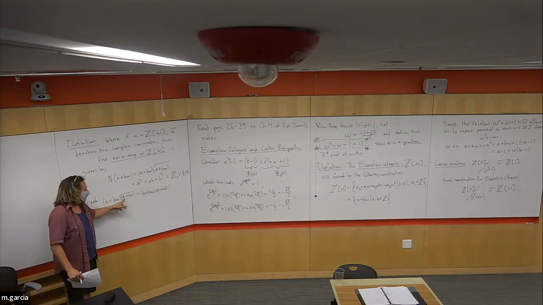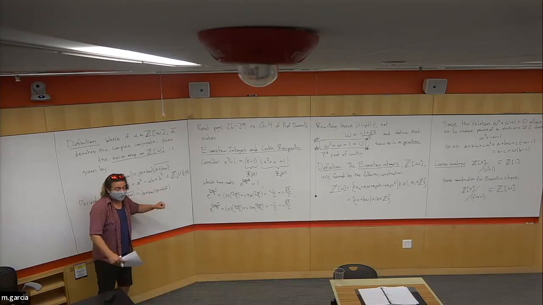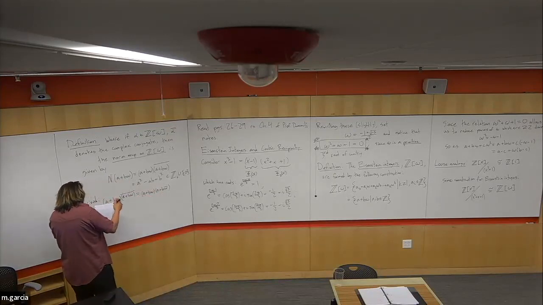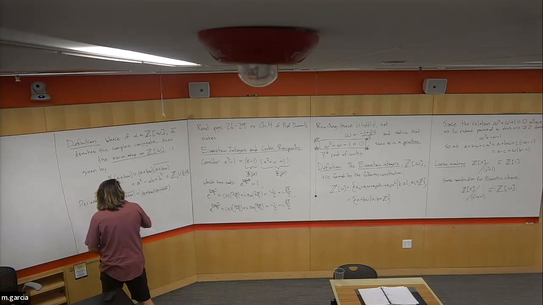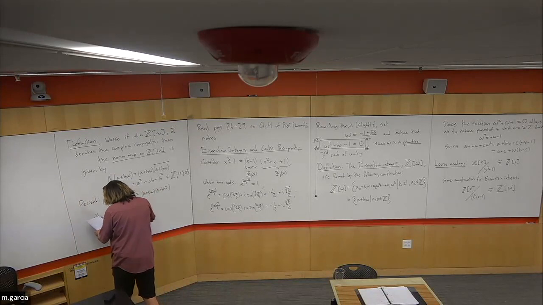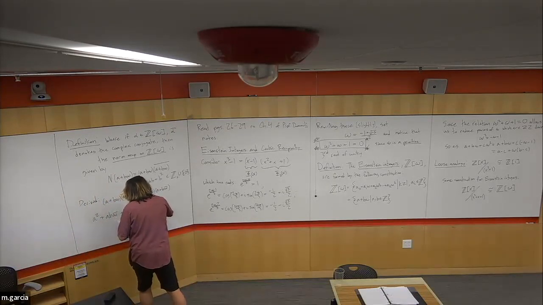So the complex conjugate of an integer A is just A, the complex conjugate of an integer B is just B, so we're only left with the conjugate of the complex part, omega. Now we'll just FOIL this out. We get A squared plus AB omega bar plus AB omega plus B squared omega bar.